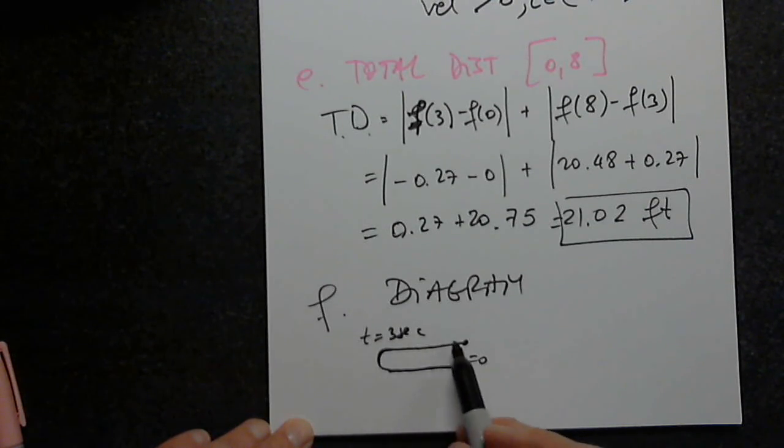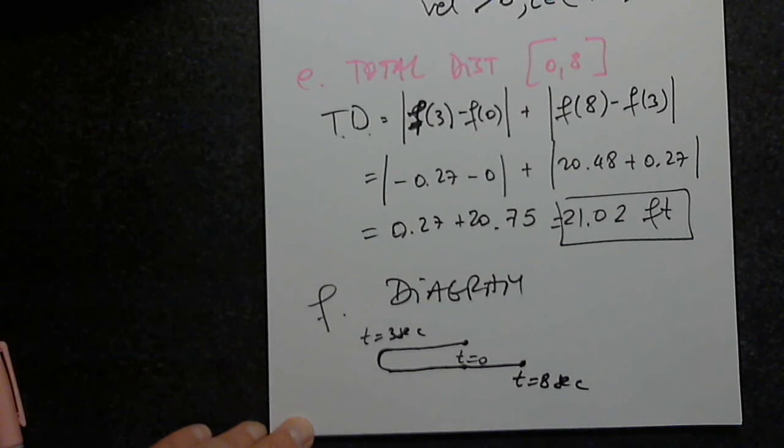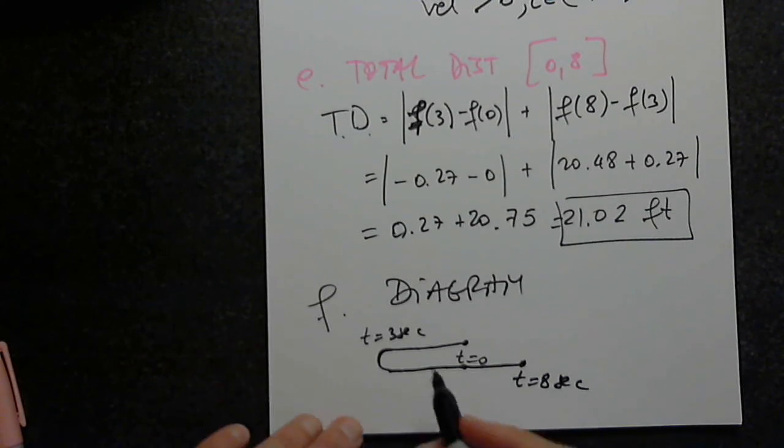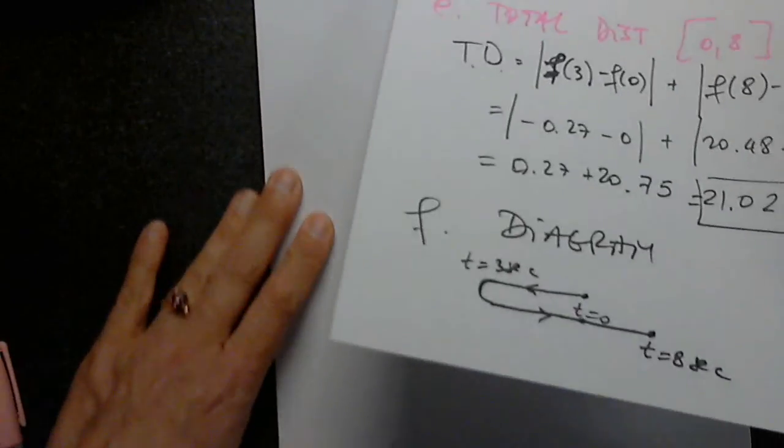So between 0 and 8, 3, and then 5 more. So it goes to the left for 3 seconds, and then to the right. That's the diagram. Now let's look at part G.